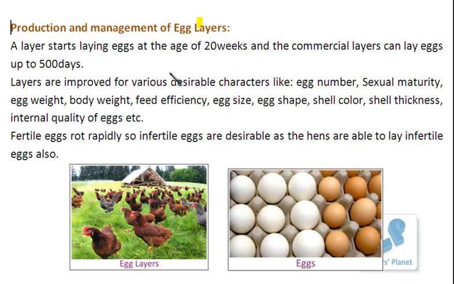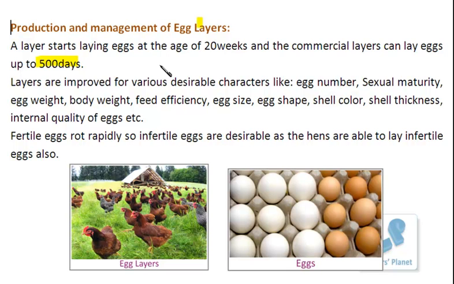Usually, a layer starts laying eggs at the age of 20 weeks, and at the commercial level, it can lay eggs up to the age of 500 days. There may be some variation with respect to the type of breed or bird grown in the farms, so accordingly this time should be managed.